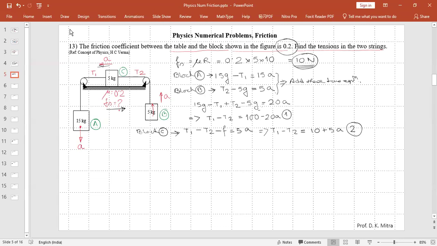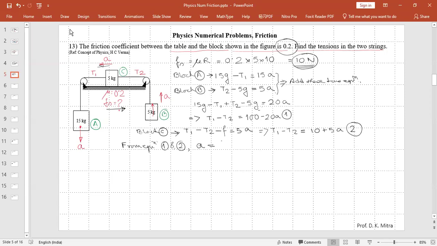From equations 1 and 2, you can easily find out the values of T1 and T2 by eliminating. Deductions you can do at home.